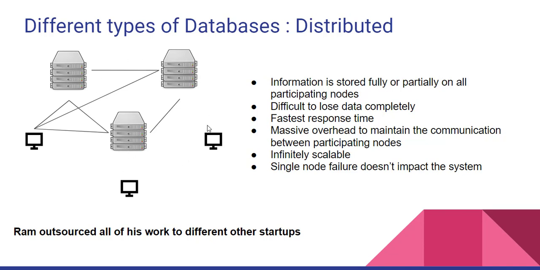So we have most probably removed the dependency on a single server. Even if one of the nodes goes down, there is no loss of information. Even if there is, we can retrieve it from other servers. For example, Hadoop: there are different nodes and information is stored across them. Even if one of the nodes goes down, you won't really see a difference. Again, the nodes or users can connect to any of these servers.